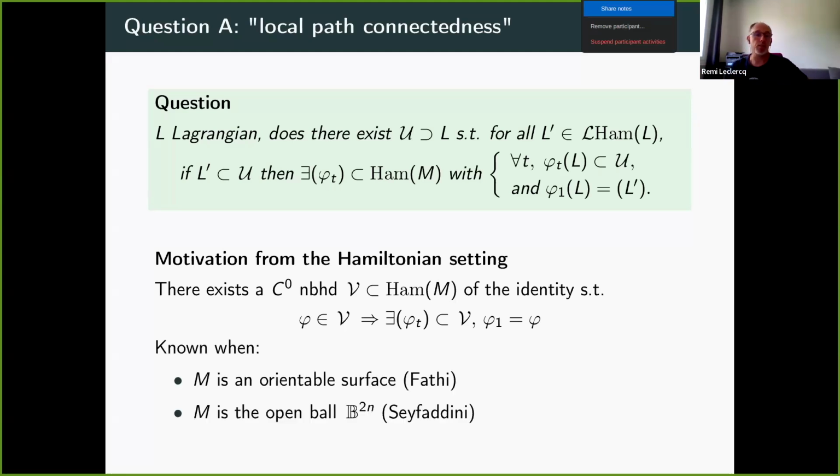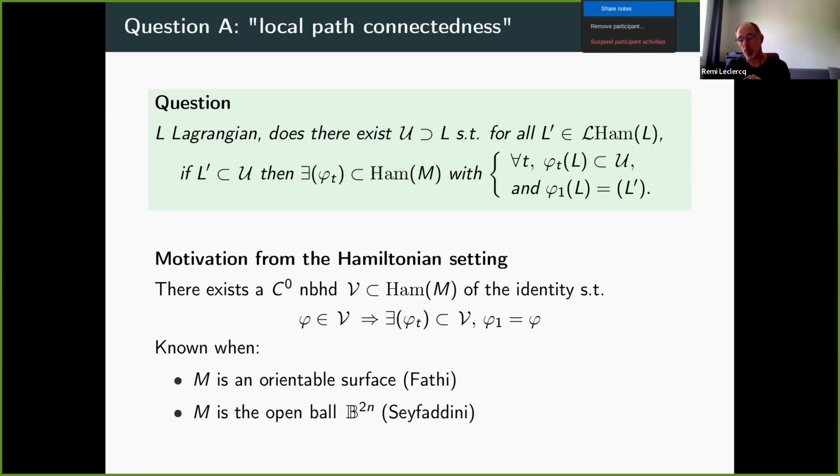It turns out that this question is extremely difficult, at least I believe so. The answer is only known to be affirmative when M is an orientable surface, but then you are in the realm of area preserving diffeomorphisms. This is mainly due to Albert Fathi's work. The other case where we know is the symplectic open ball, by Sobhan Seyfaddini. As far as I know, it's the only two cases where we can answer this question.